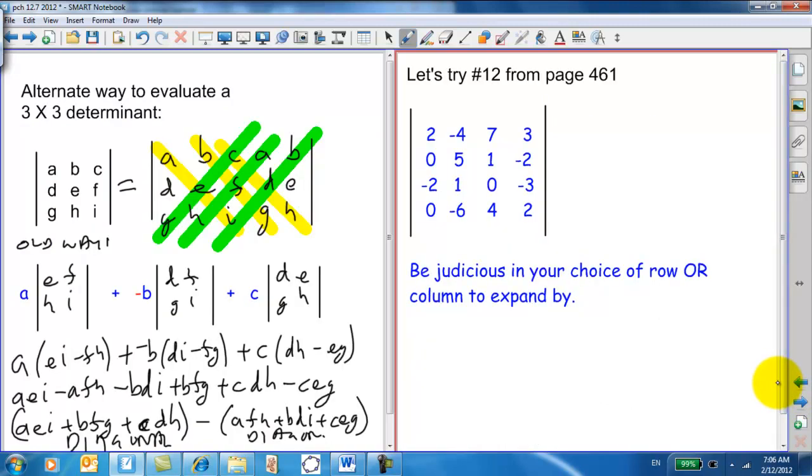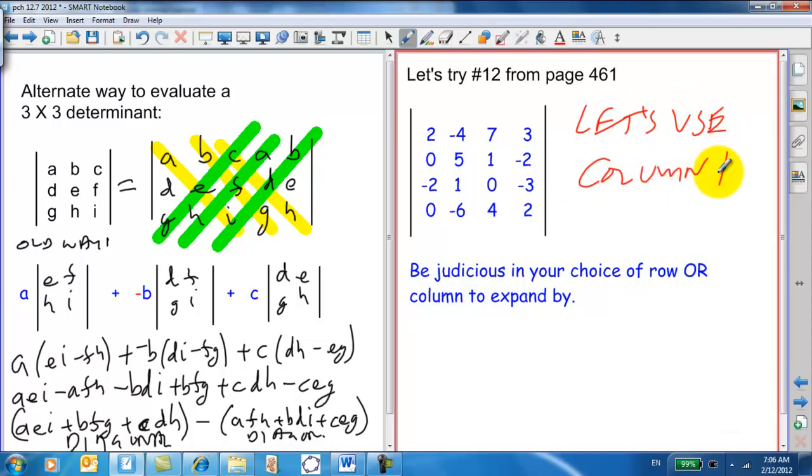Now, let's try number 12 from the book to finish this up. A judicious choice of your row or column to expand by is really key here. You want to pick the one with the most zeros, and that's this first column. So let's use column 1. Now we're expanding by minors of that column. And now you can see right away why we picked that.